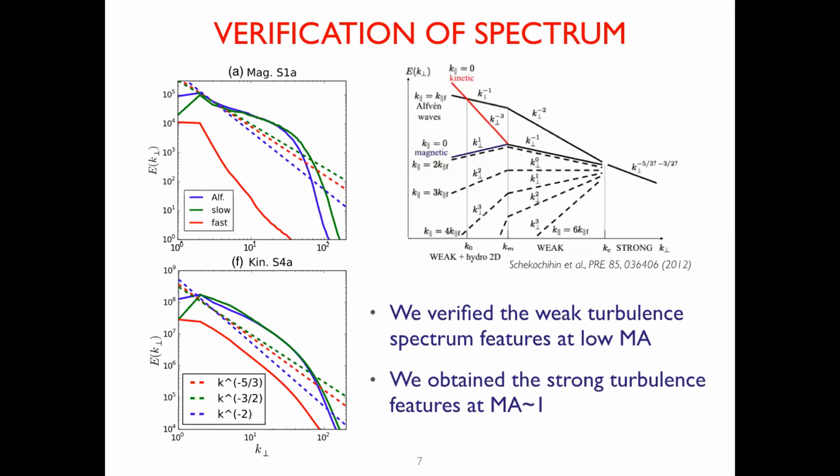In the figure on the left, the blue curve is the alpha mode. It is showing a K perp to the -1 spectrum, which is the spectrum predicted on the left-hand side. In the bottom figure, the spectrum is K to the -3/2, which is the spectrum predicted on the right-hand side of the figure. So the spectrum is correct as per the theoretical predictions.